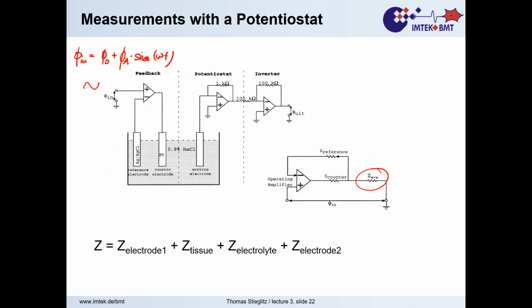Sometimes you forget your -1 multiplication, and therefore we have a second inverter here that makes minus times minus plus again, and we have 100 kilo ohms over 100 kilo ohms. That's a magnification of 1. That means it just turns the -1 to +1, and we have then the output current that flows here.